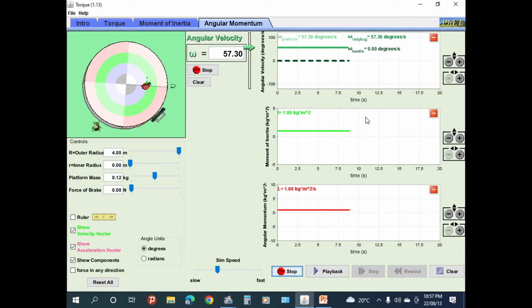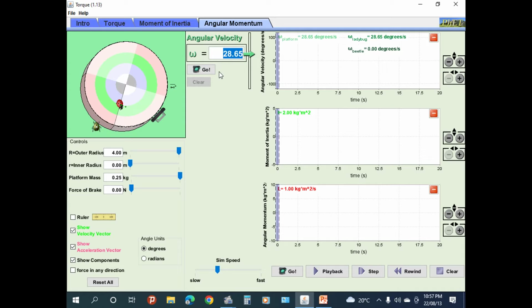The moment of inertia of a disk is half of m times r square. The angular velocity given is 57.3 degrees per second, the mass of the platform is 0.25, and the radius of the disk is 4 meters.